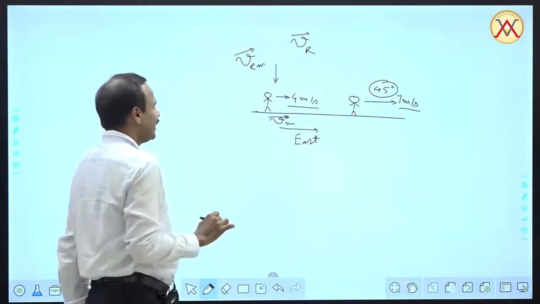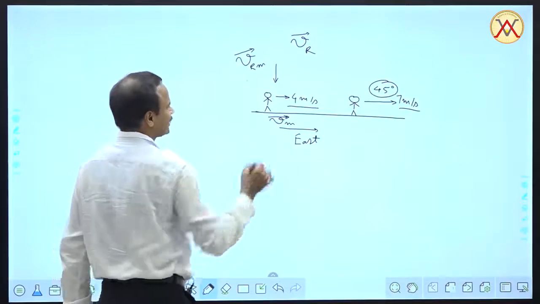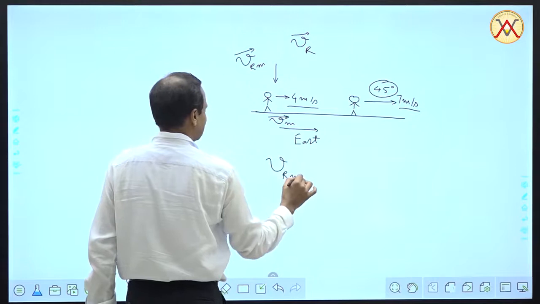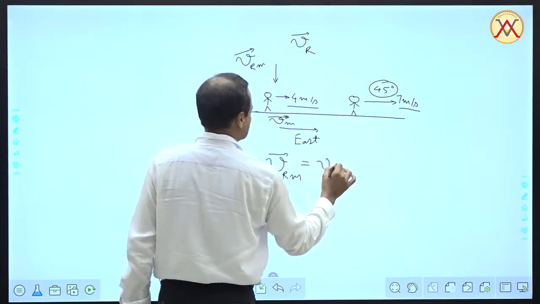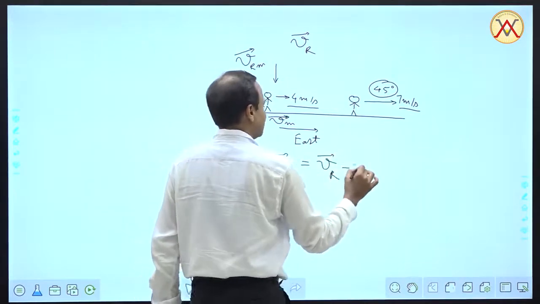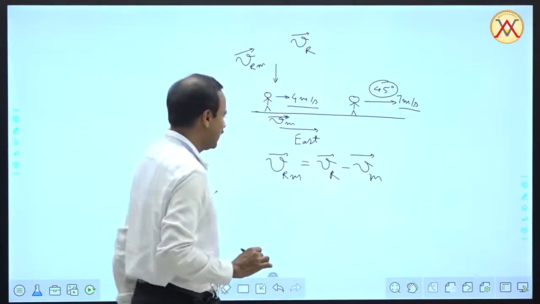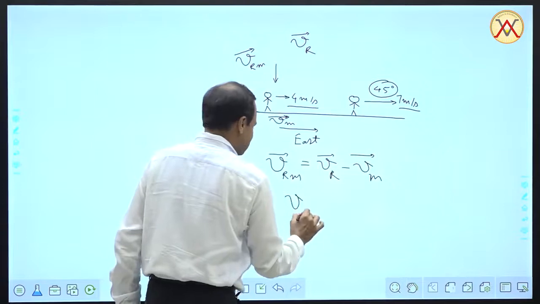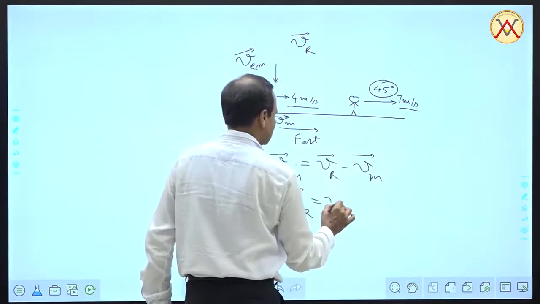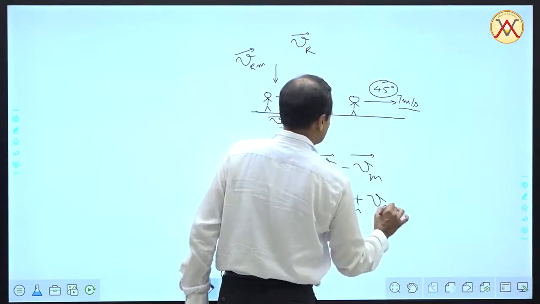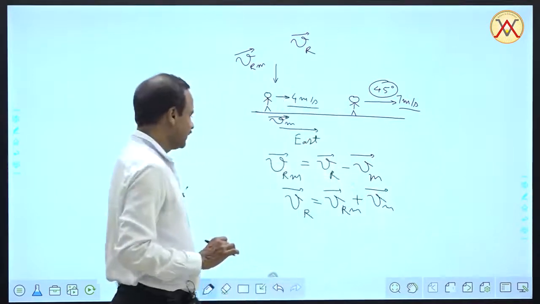Now, we know from our basic result of relative velocity that Vrm vector is equal to Vr vector minus Vm vector. So, Vr vector becomes Vrm vector plus Vm vector. Okay.